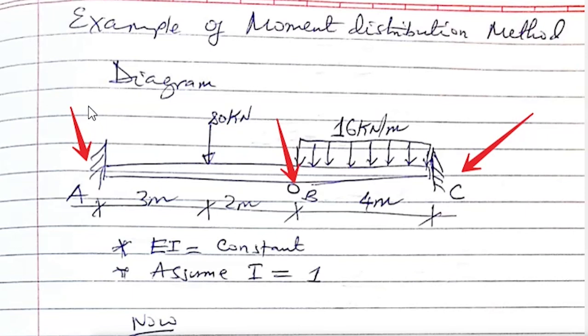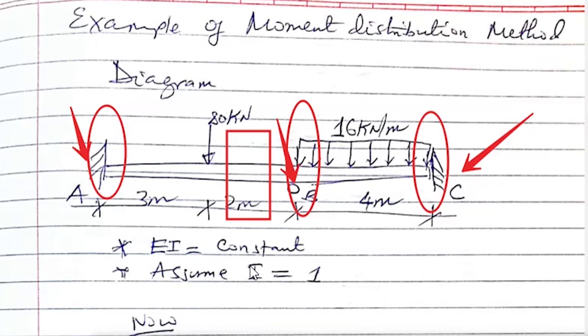Now the moment should be distributed between the support and the member. So we can consider the three joints. If you see here, joint B is a function of the length between AB and the length between BC. Joint C is a single joint.